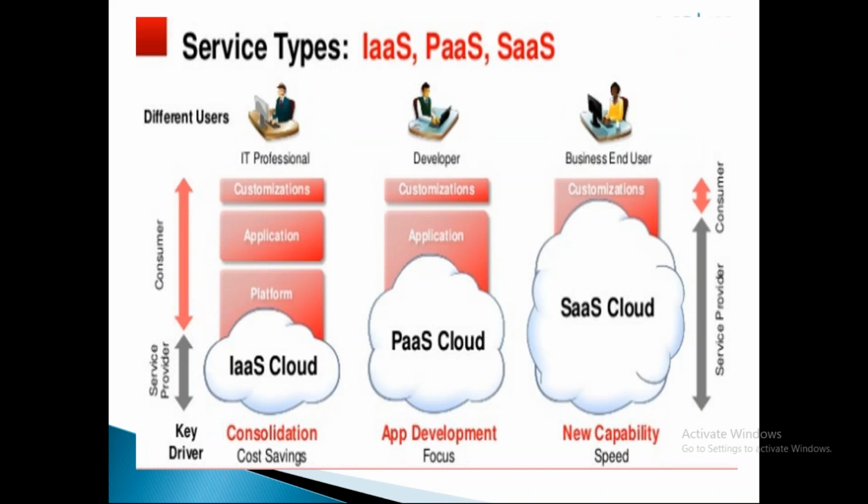Some of the service types here: you will have IaaS, PaaS, and SaaS. You can look at this particular slide. When it is SaaS, it is completely a business user model. Mostly the business user is driving these applications, and speed is one of the key factors driving the SaaS cloud.